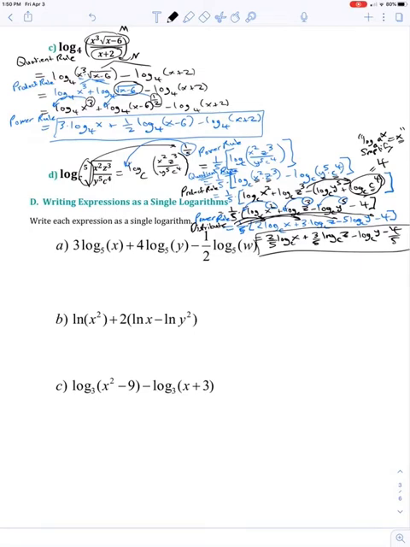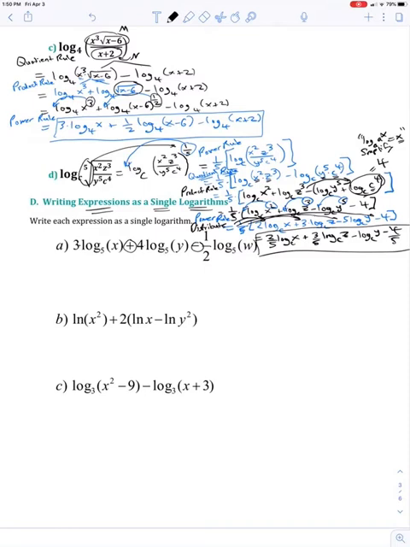In our next set of examples, it says express as a single logarithm. So we've got 3 logs here. Let's look at example A. Well, we've got 3 times log base 5 of x plus 4 times log base 5 of y minus 1/2 log base 5 of W. Now we do see we have a sum and a difference.